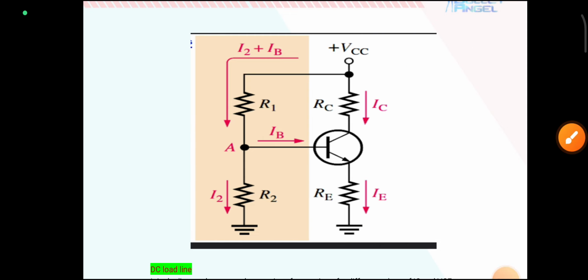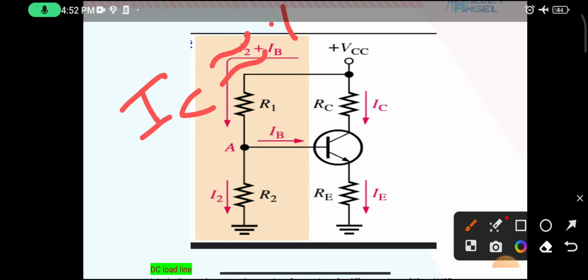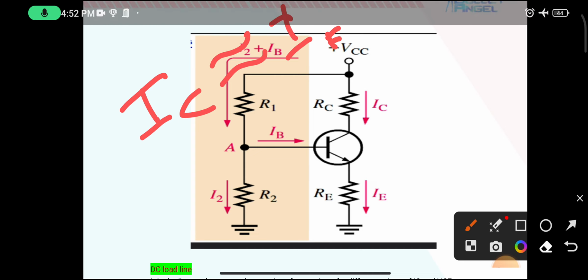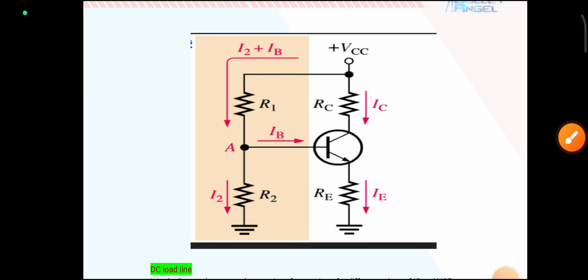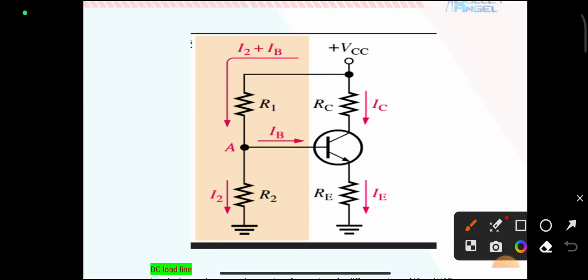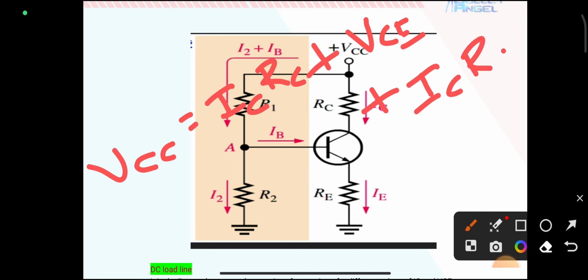From the relation we have IC nearly equal to IE. So the equation becomes VCC is equal to IC RC plus VCE plus IC RE.